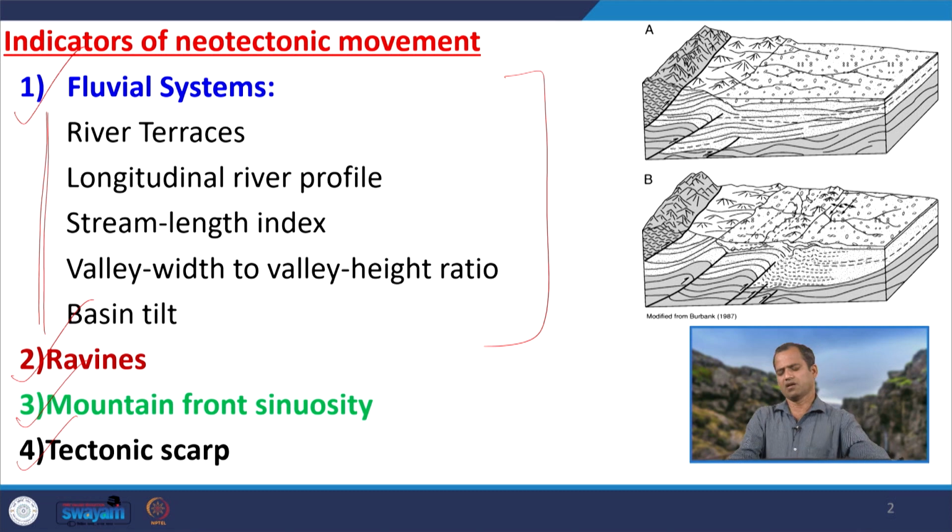For example, in the two figures on the right-hand side, the first shows a mountain rising by thrusting, with the Piedmont area and the plain. You can say it is a replica of the Ganga foreland basin: this is the Himalayas, this is the Piedmont area, and this is the Ganga basin.